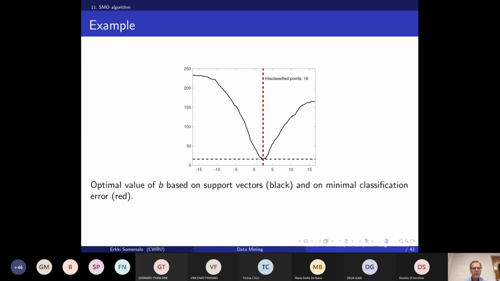This tells you that the formula for choosing B using the support vectors is doing a great job, because you cannot improve the number of correct classifications by moving the plane. They essentially coincide. Either you minimize the number of misclassified points, or you use the support vectors to set your B, you end up with pretty much the same value. So this is great news.